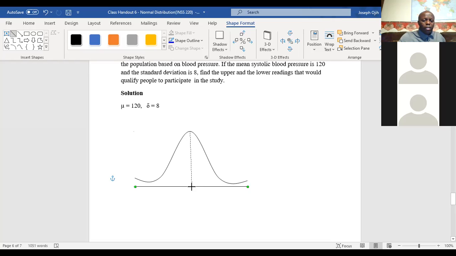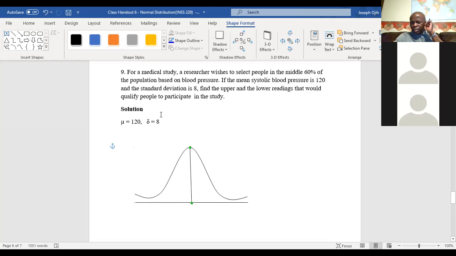And he said that for this test, select the people in the middle 60% of the population. So these are the middle 60%. The whole of this represents the middle 60%.